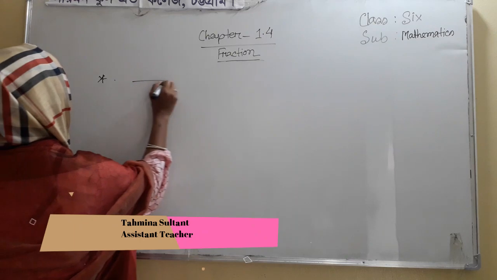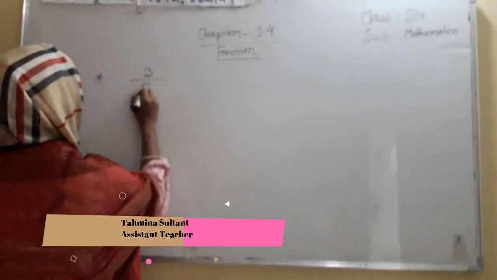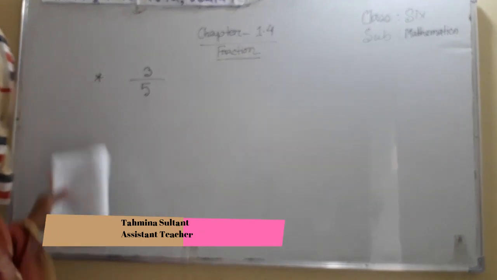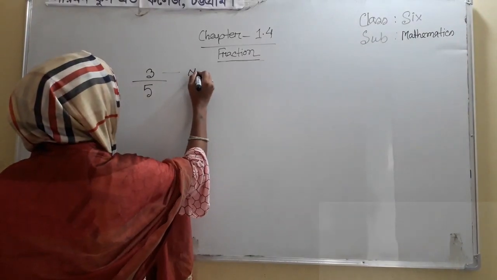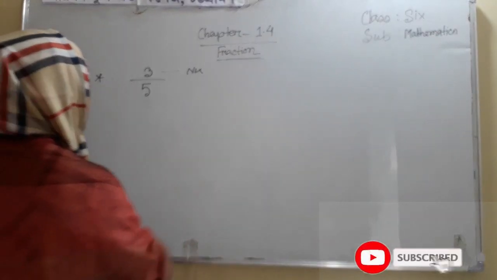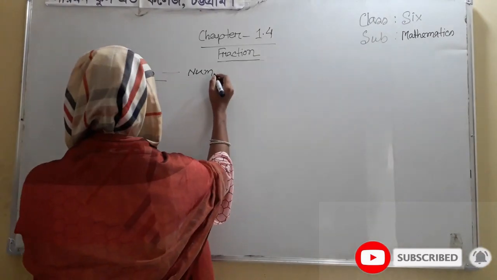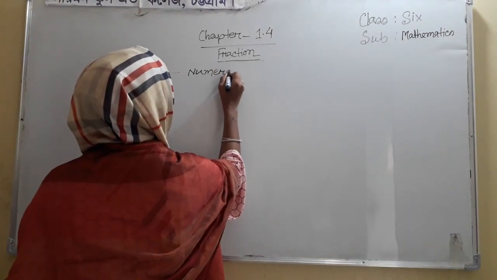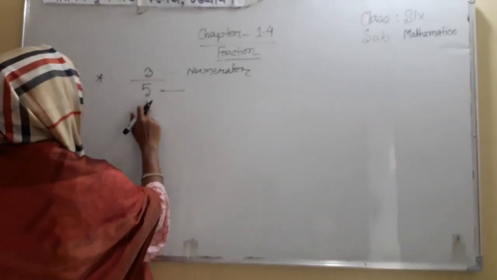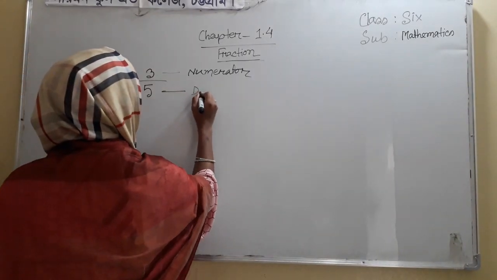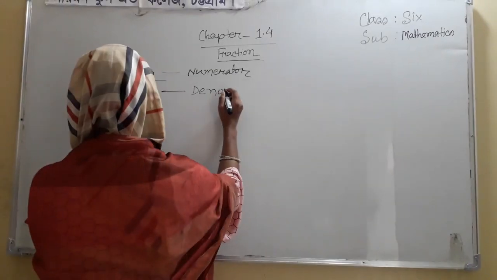Fraction. Here, write one fraction such as 3/5. Here 3 is called numerator and 5 is called denominator.